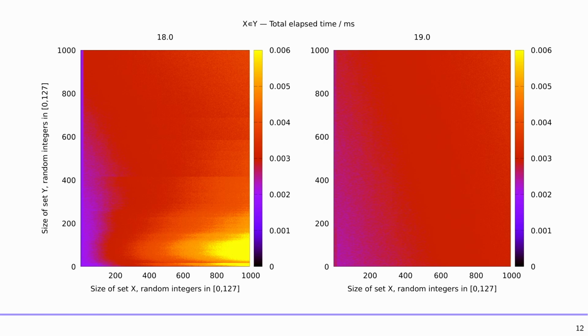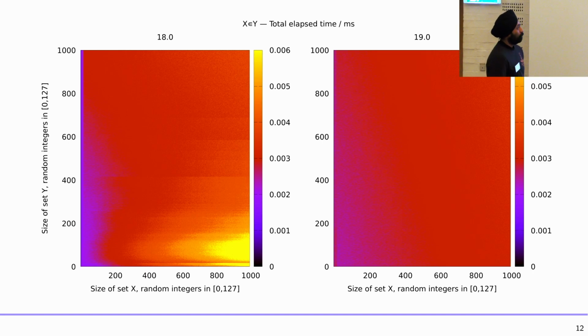So now we're talking about arrays populated only with integers in the interval 0 to 127. Now, first of all, 18.0, 19.0, there's red all over the place. Fine. Around about similar performance. I don't know if people can see, but on the left of 18.0 here, there's a patch of purple.